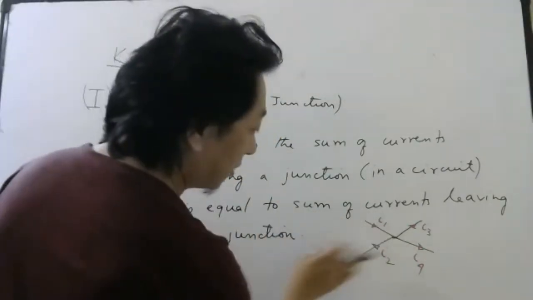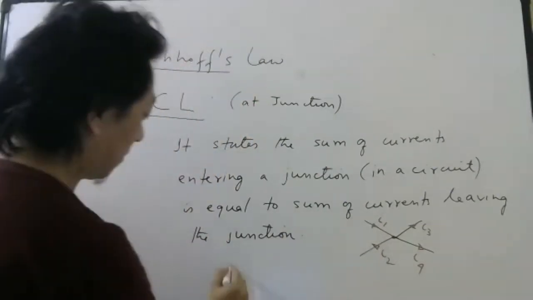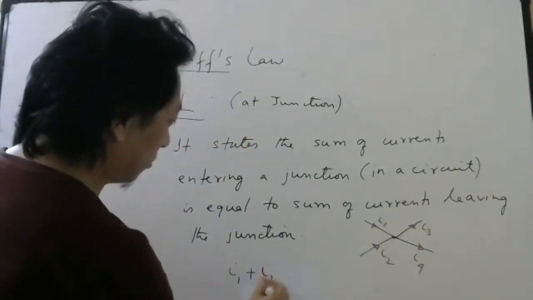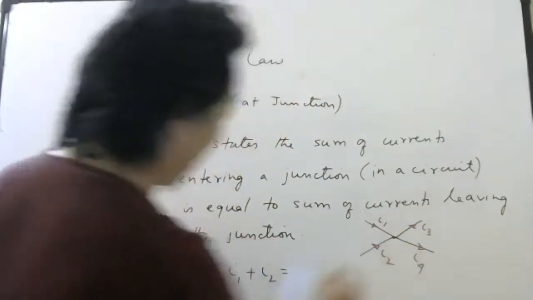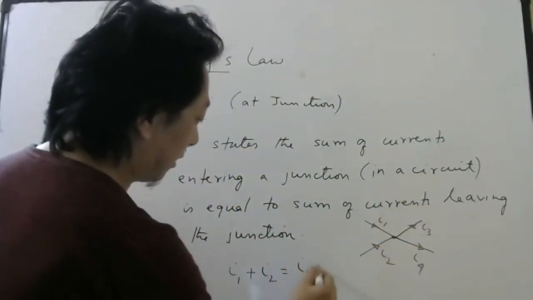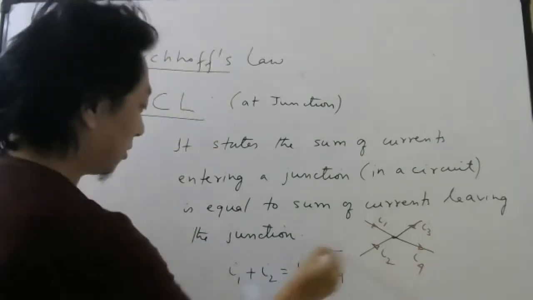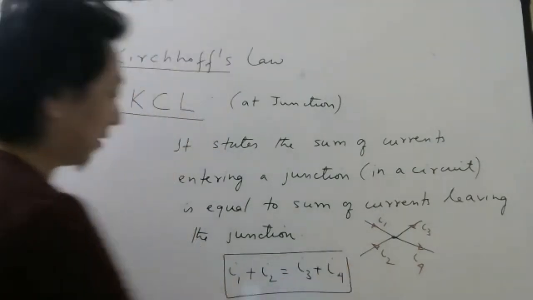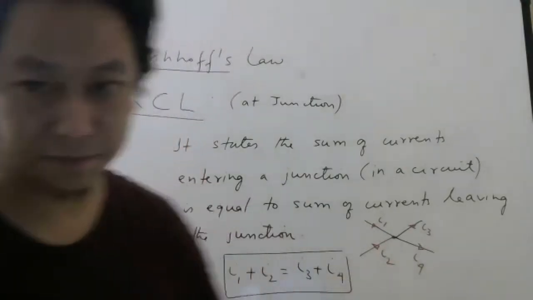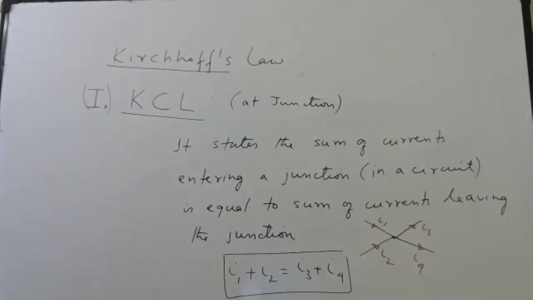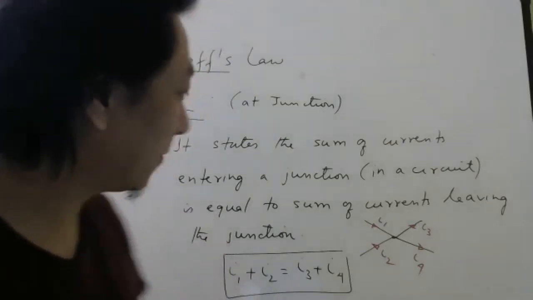The currents entering are I1 and I2, so I1 plus I2 must be equal to the currents leaving, I3 and I4. I3 plus I4. So the sum of currents entering must be equal to sum of currents leaving. Simple law.